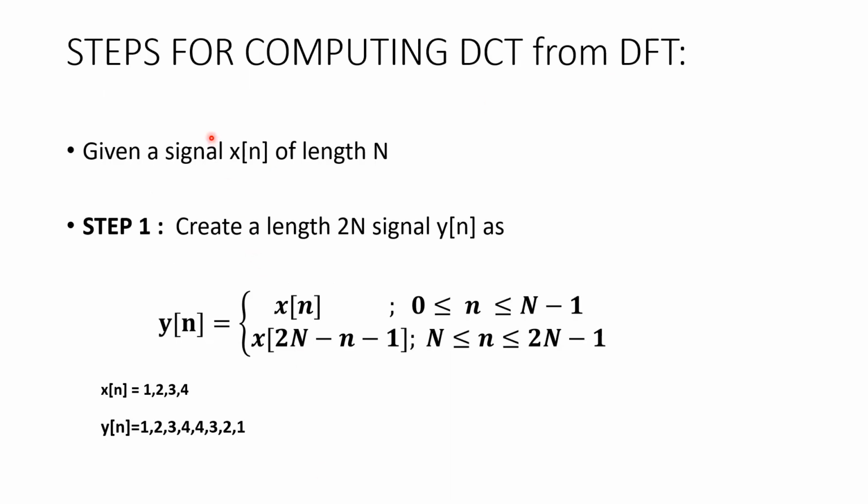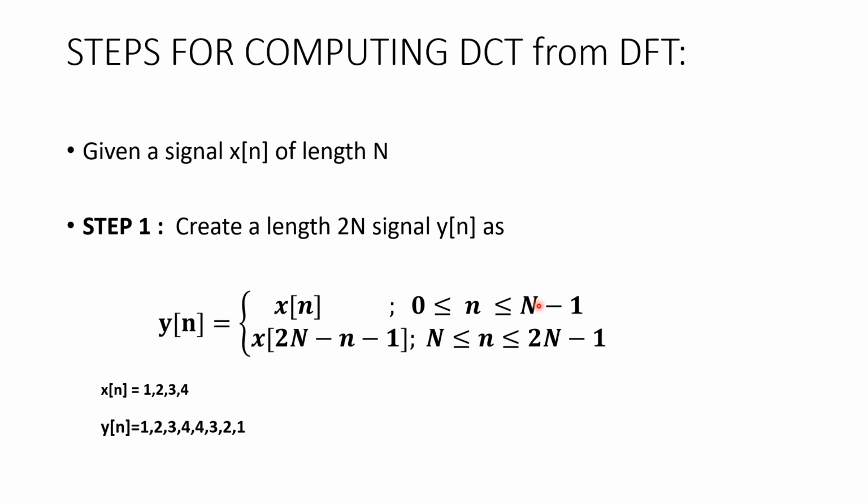Now coming to the part where we compute the DCT from DFT, there are certain steps we have to follow. Suppose there is a signal x[n] of length N. For computing the DCT, first create a signal y[n] which is of length 2N. This y[n] is based on x[n]. It is nothing but the extension of x[n]. y[n] is equal to x[n] when n is between 0 and N-1.